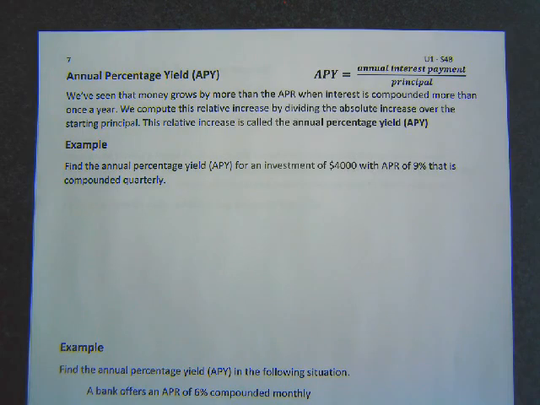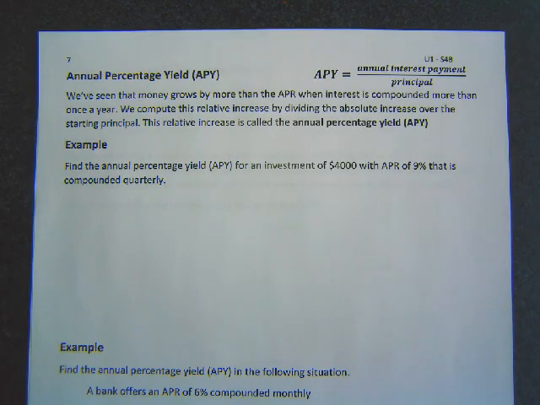So it looks at how frequently you're compounding, and then it includes that in the calculation. So the more frequently you compound, the higher the APY is going to be, up to the max you can do when you do continuous compounding. So if you have like an APR of 7%, but you're compounding like monthly, your APY is going to be a little bit higher than 7%. It might be like 7.2 or 7.1. It's not going to be a lot higher, but it's going to be a little bit higher than 7%. And in the APY, that's reflected, that's shown.